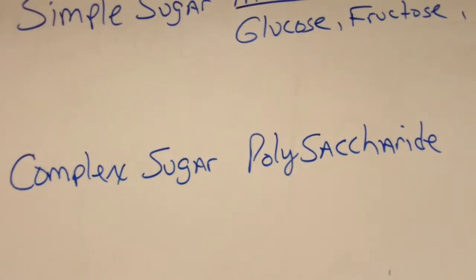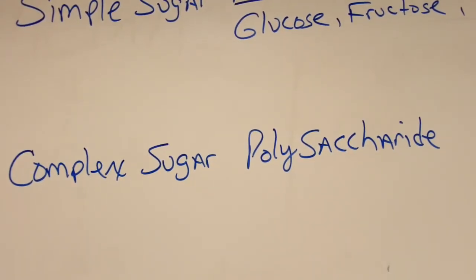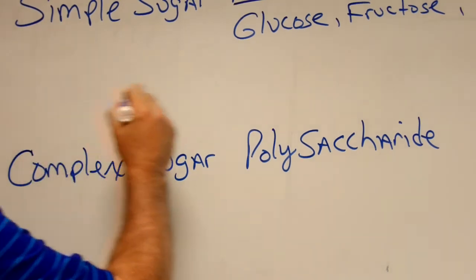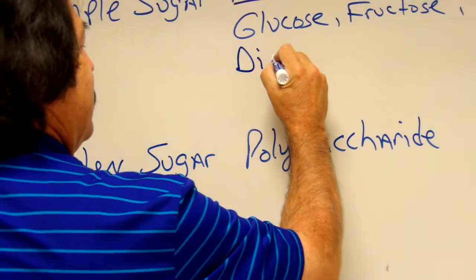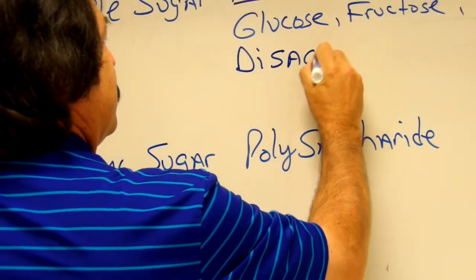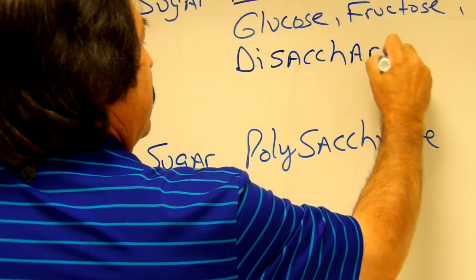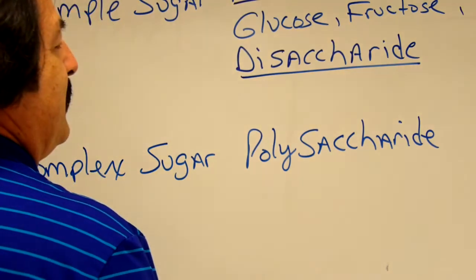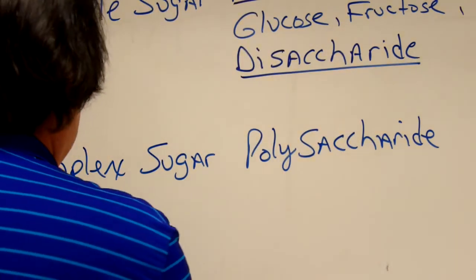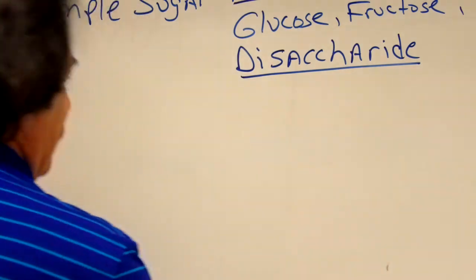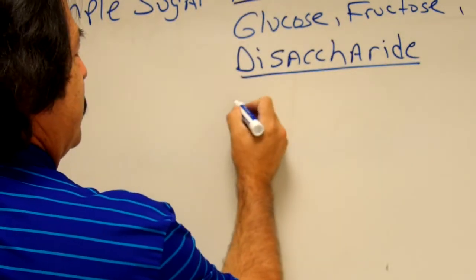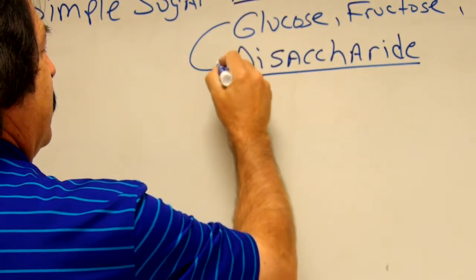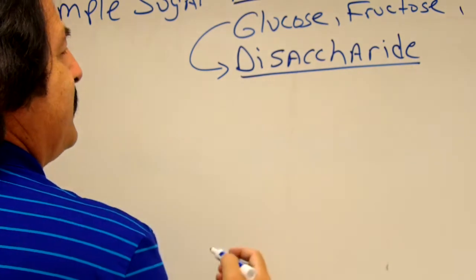Well, is there anything in between a simple sugar and a complex sugar? Absolutely. You can have a disaccharide. And what does the word di mean? Exactly, it means two. And perhaps the most famous, and I'm going to erase complex here so I have some room, is when you take two monosaccharides and join them together to make a disaccharide.